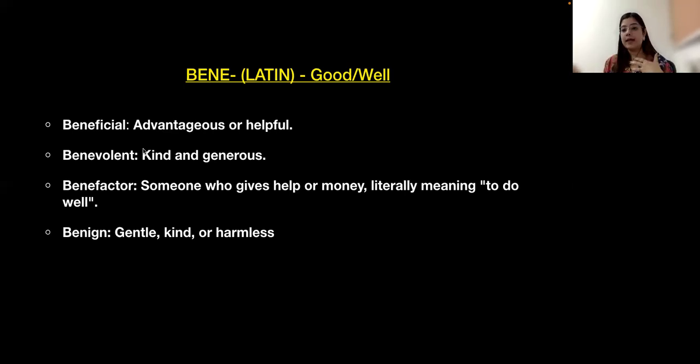Benign. Now, benign could be used in 2 connotations. If I'm calling an individual benign, I mean that the individual is very docile, very kind, very compliant, बहुत ज्यादा harmless individual है, बहुत docile, kind individual है. If I'm talking about benign in some other connotation, I'm pretty sure that you must be aware of this.